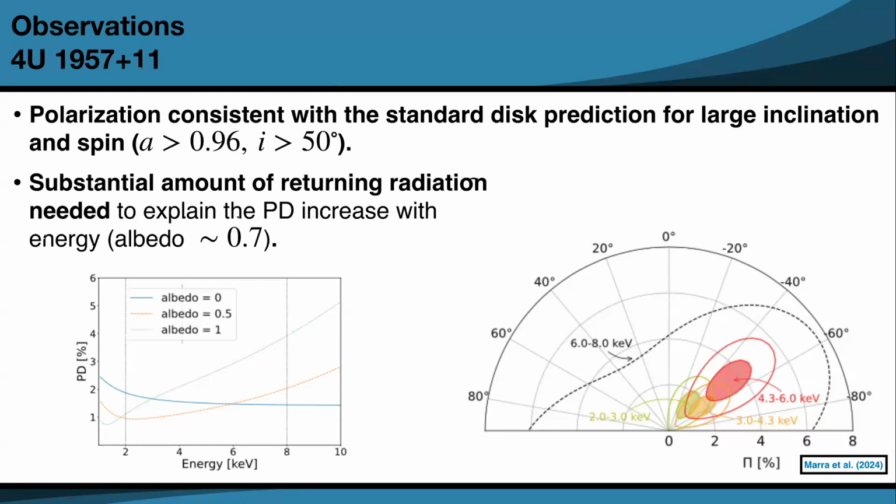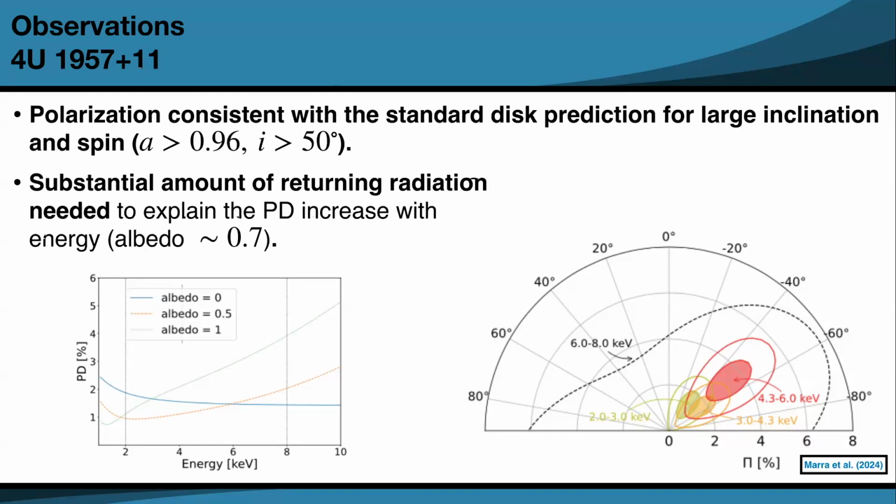All the incident radiation is absorbed. While with albedo 1, all the incident radiation is later reflected towards the observer. And as you can see, in order to achieve an increase in polarization degree with energy, we need a large value of the albedo. The best fit value was actually 0.7.